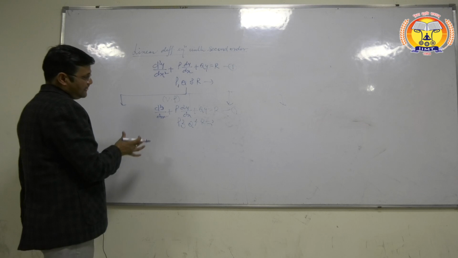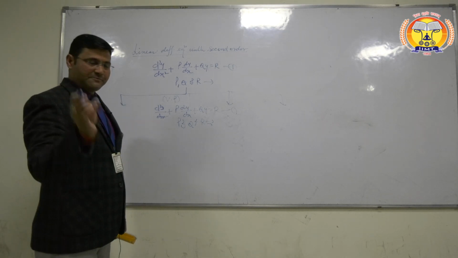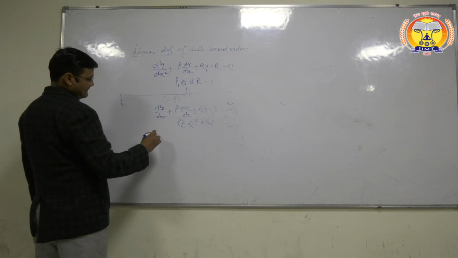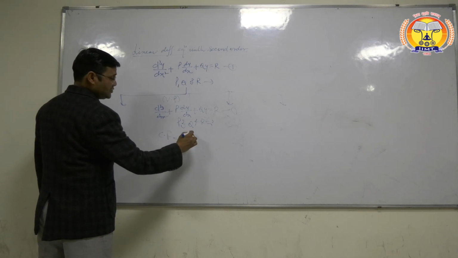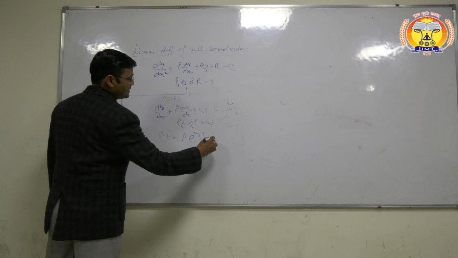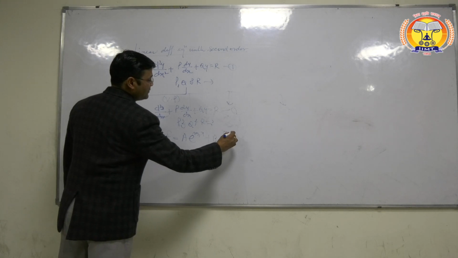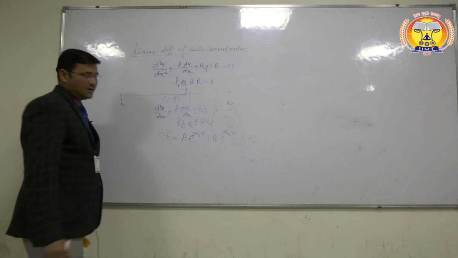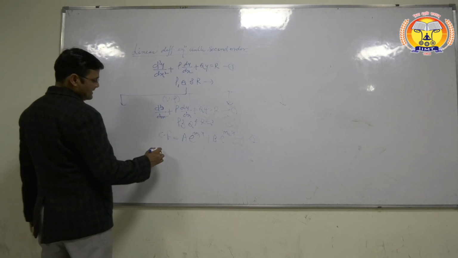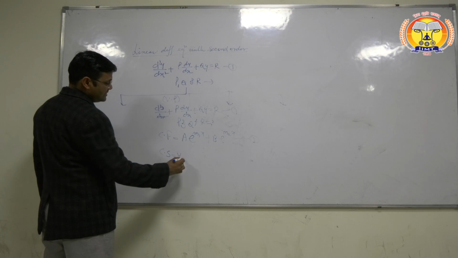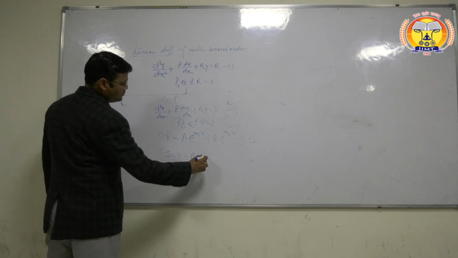First we find the complementary function of equation 1, that is A e^(m1 x) + B e^(m2 x), equation number 2.